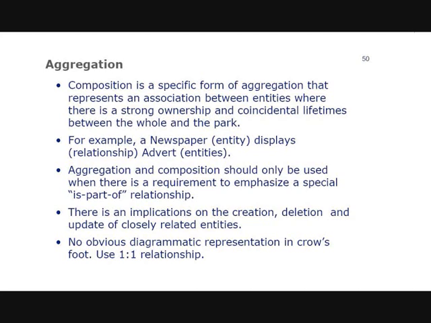It doesn't matter so much that you identify composition exactly, because at the end of the day, again, unless you're dealing in very specific scenarios, it isn't going to make a difference to you. But that is the difference between aggregation and composition.